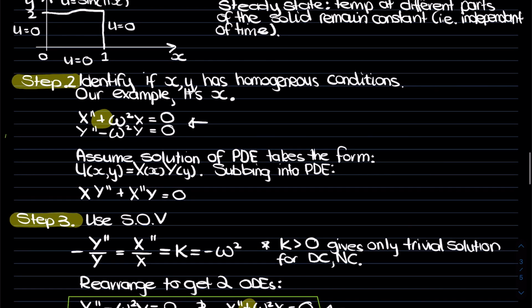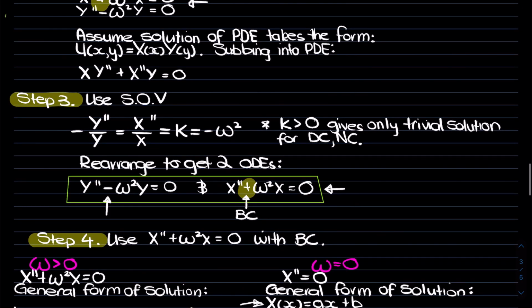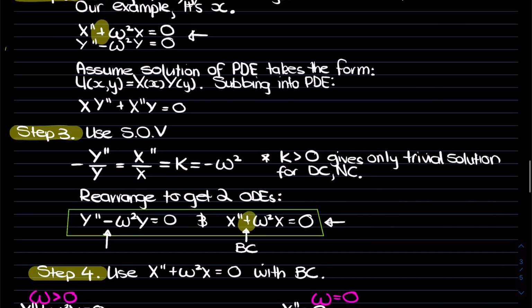And so when we come to writing our two ordinary differential equations, we put the plus sign here with the one with the two homogeneous conditions. And that is simply because then we're always working with the exact same equation as our heat and our wave equations.